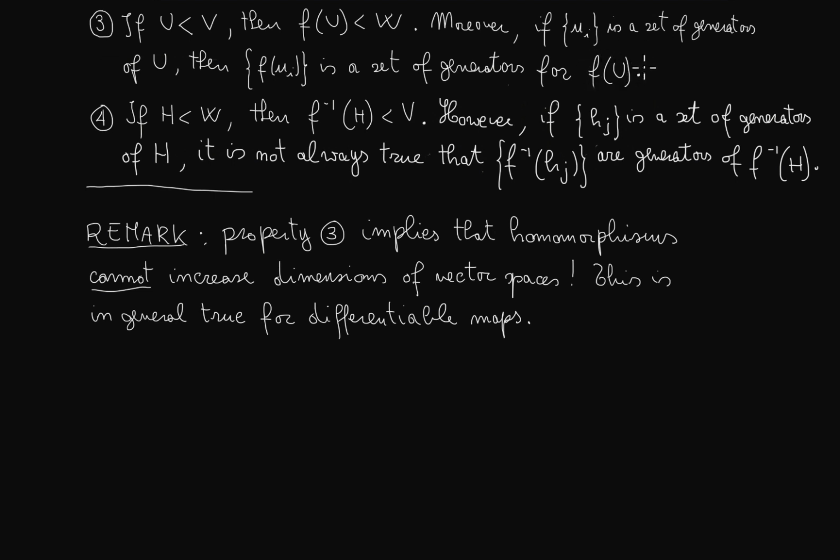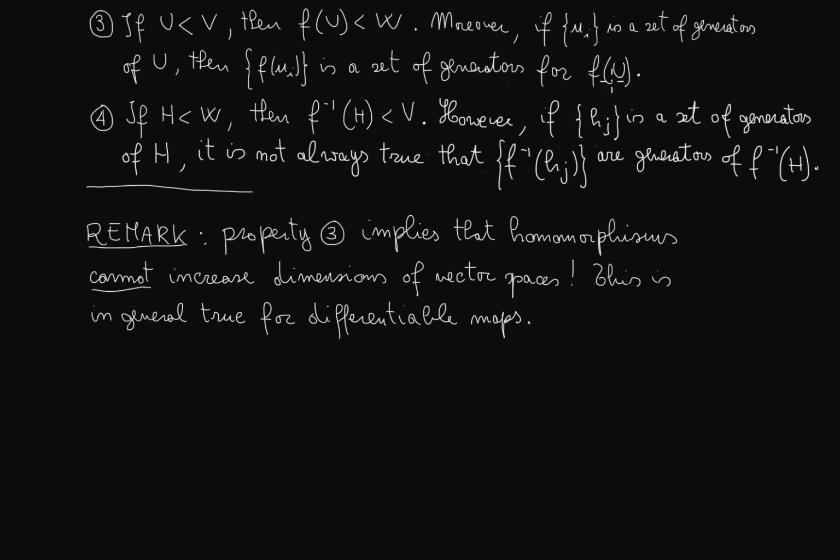And if the image has a strictly greater dimension than the domain, then this property cannot hold, because suppose that the domain has dimension n, and the codomain has dimension k, where k is strictly greater than n. If we take the image of n linearly independent vectors in the domain, what we get is again n vectors in the codomain, and n vectors cannot be generators for a vector space whose dimension is strictly greater than n.